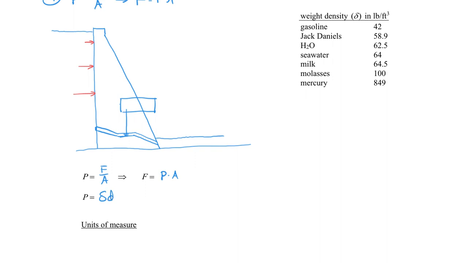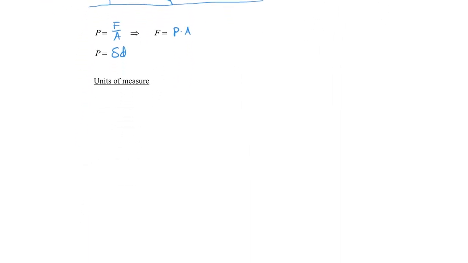All right, so let's talk about units of measure. As usual, we'll have our two systems, the U.S. customary system that we insist on using, and then also the metric system. So units of measure, let's start off with pressure. Pressure equals weight density times depth.